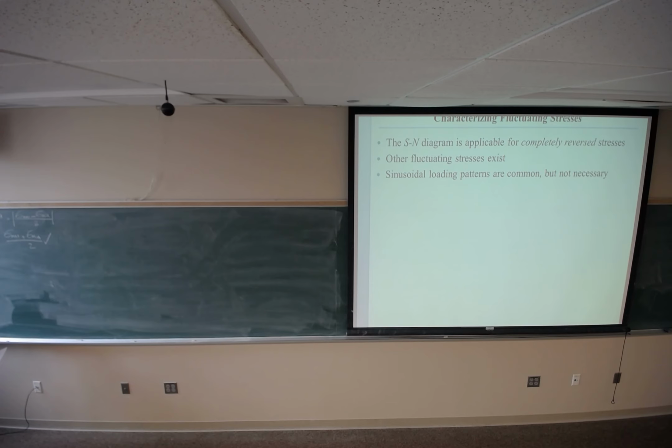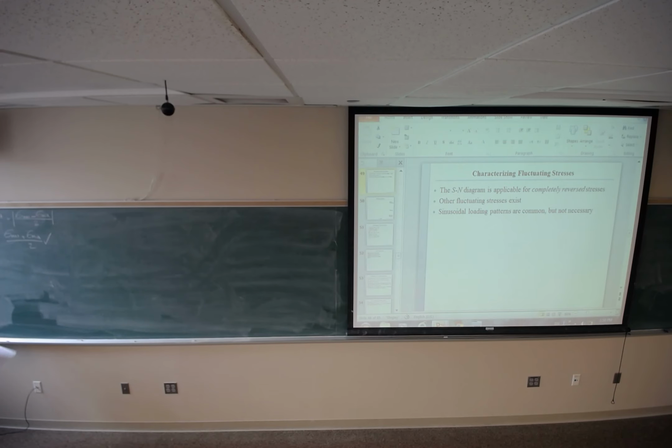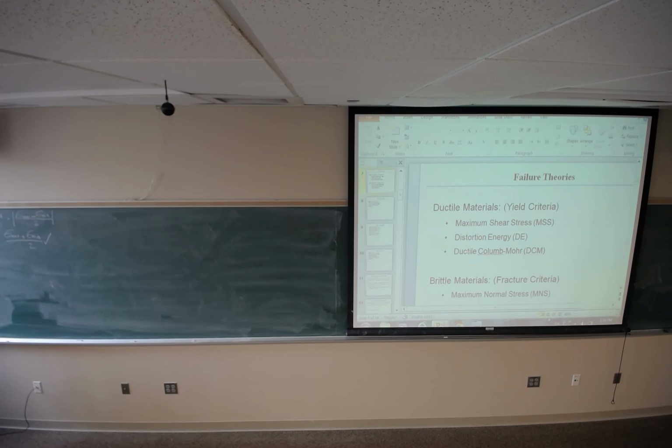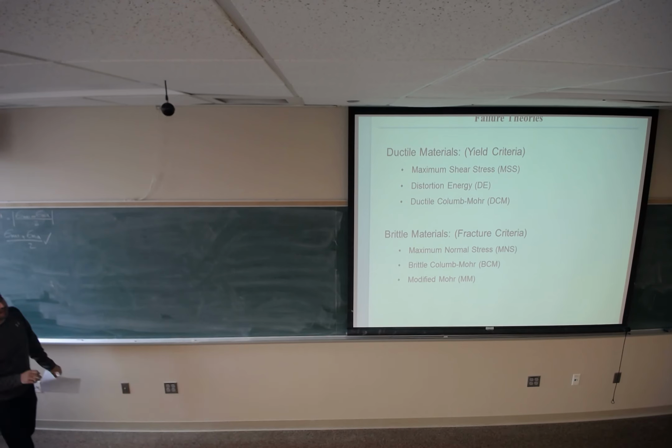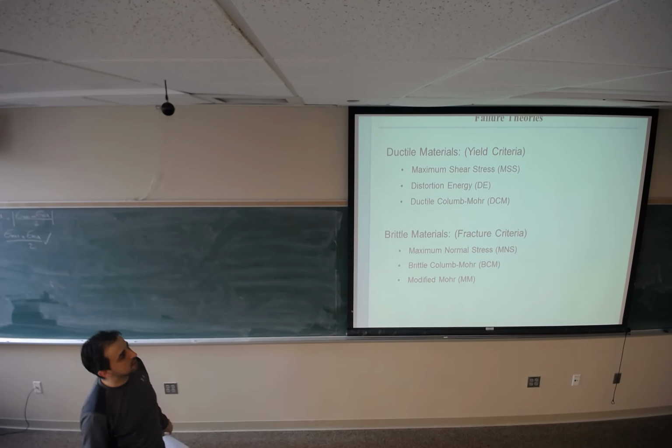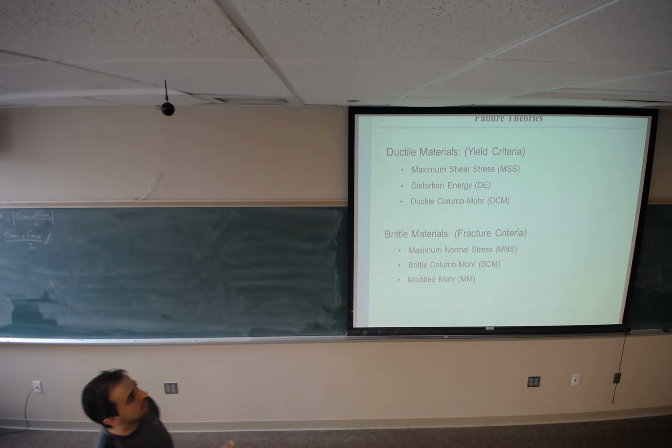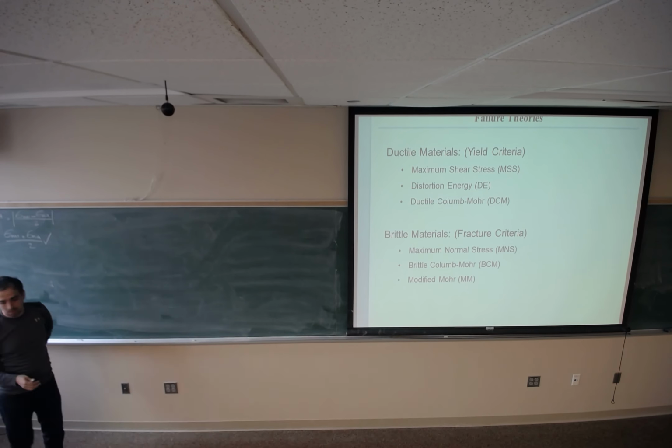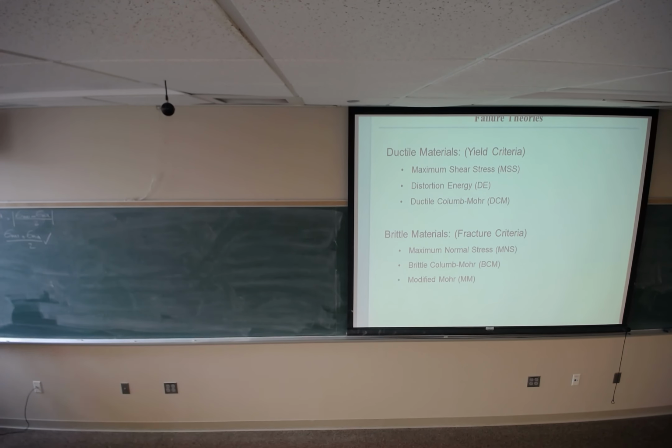If you remember, when we had static failure analysis, to predict the failure, we introduced some failure theories for ductile materials and for brittle materials. We covered all of them, and we know how to use them in any problem.